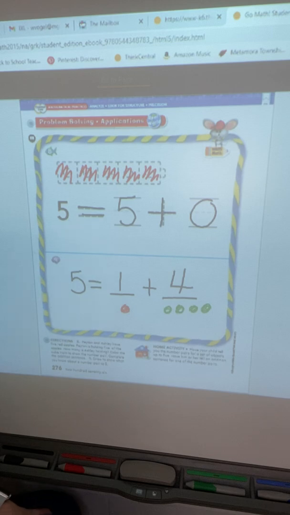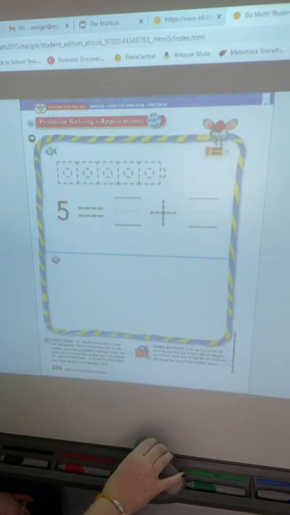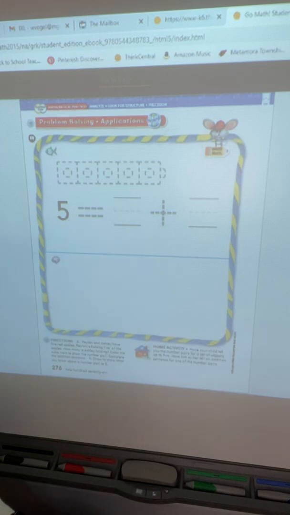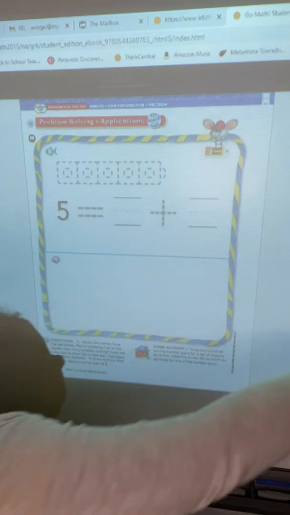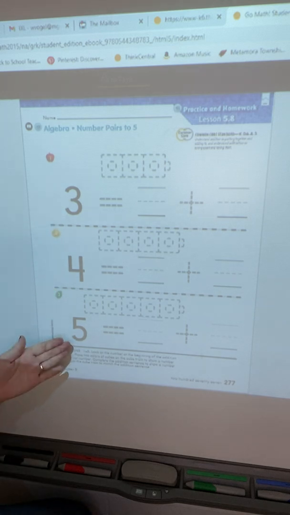Fantastic. I knew you guys would be able to get it. A little more practice and you will be super mathematicians at this. At home or for homework this afternoon or this evening, these are the problems that you are going to work on. So some more of the same stuff, just using different numbers.